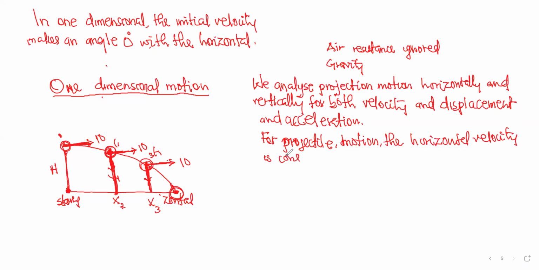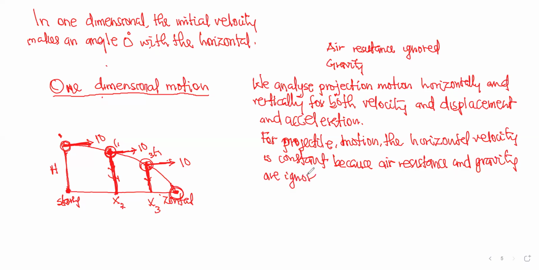It's constant because air resistance and gravity are ignored in projectile motion. So this is the reason why the horizontal velocity is constant.